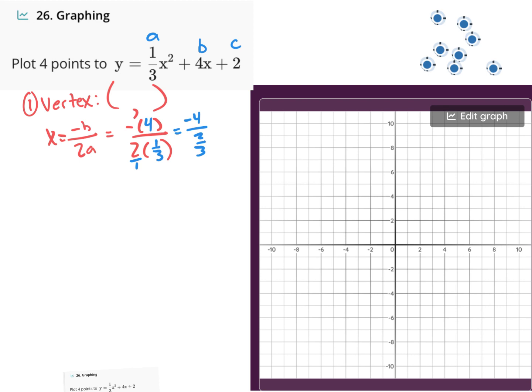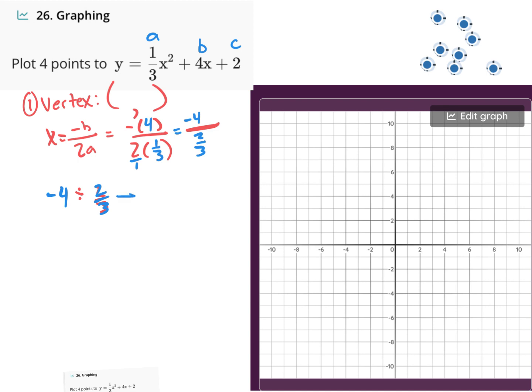And then when you do negative 4 divided by 2/3, if you write it horizontally instead of vertically, it'll read: negative 4, with the division sign instead of the division bar, divided by 2/3. And remember that when you're dividing by a fraction, you really change the division to multiplication, but you have to flip the second fraction. So you're really multiplying by the reciprocal.